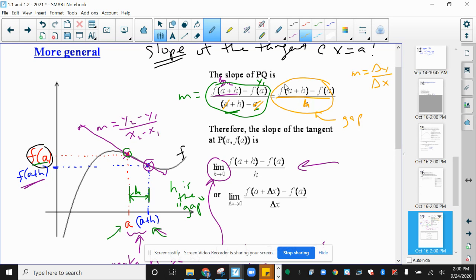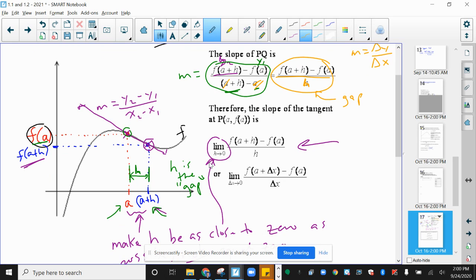So here's our slope calculation between blue and red. Now, how do you make it so that you're getting the slope of the tangent line? We take this expression that you're seeing here, and then we want to make the gap be on its way to 0, but not equal to 0. Look what happens if you equal 0.